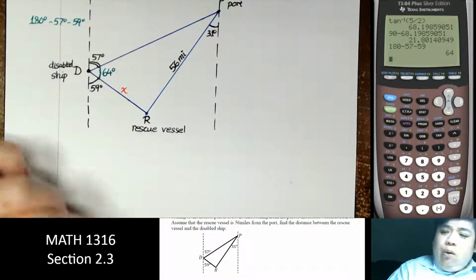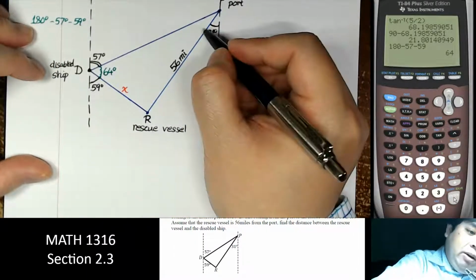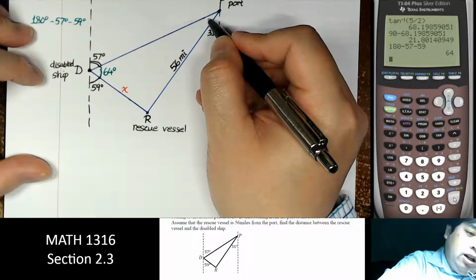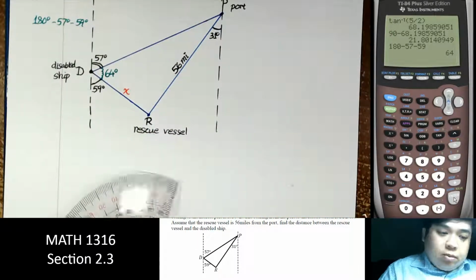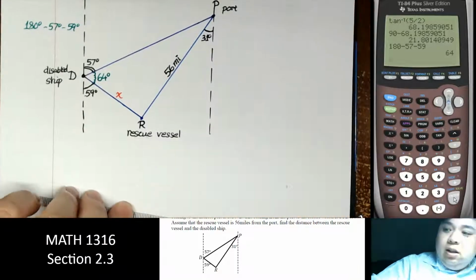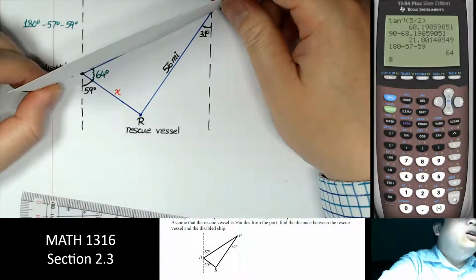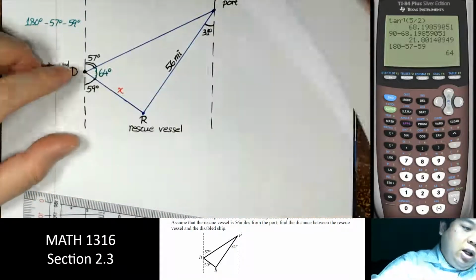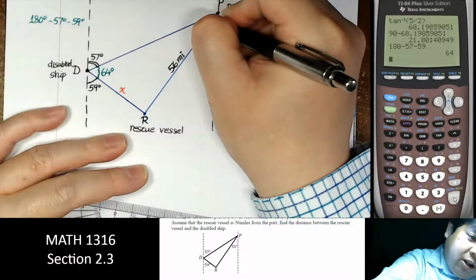Now, obviously the only triangle we have is the triangle D, R, and P. So we just need to find the remaining angle here. Now, we know that this is a transversal of the parallel lines. So that 57 degree angle is also here.